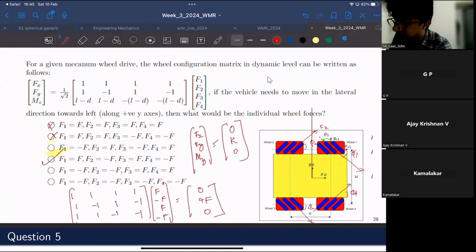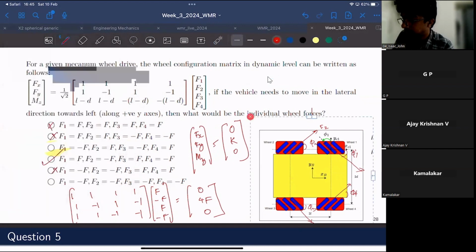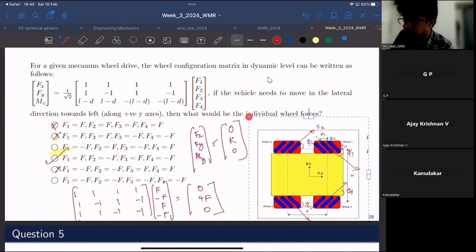Option 5, minus f, plus f, plus f. That also corresponds to a pure rotation. And option 6 is everything minus f, minus f, minus f, minus f. So that can only move in this direction, so you can also eliminate this option.